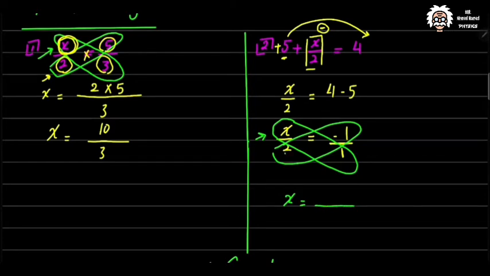The complete side contains 2 and negative 1. So we multiply them and put them in the numerator of the fraction. So here we can write 2 times negative 1. And the side that contains the unknown only has the number 1, so we put this number in the denominator. So the value of x will be 2 times negative 1, which is negative 2, and negative 2 over 1 gives us negative 2.